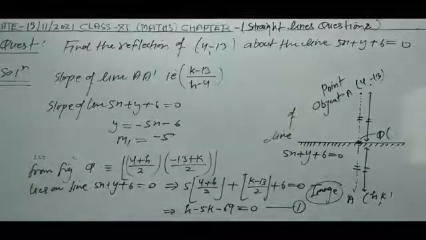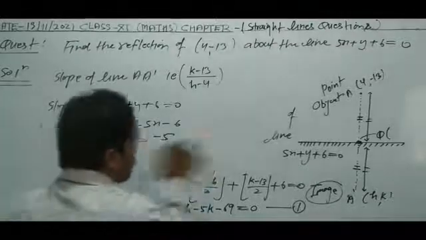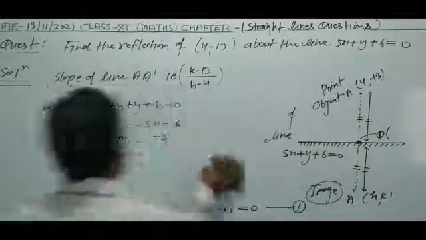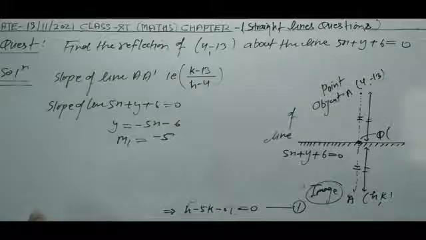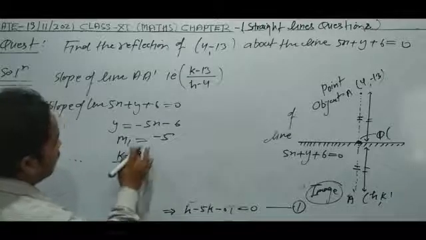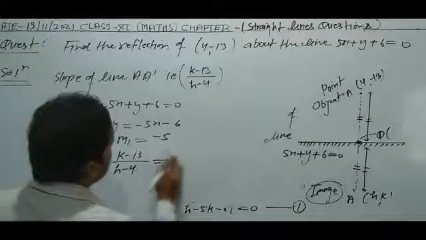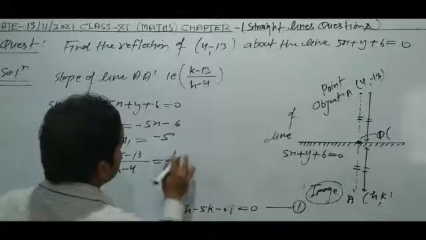Therefore, (k plus 13) upon (h minus 4) is equal to 1 by 5.